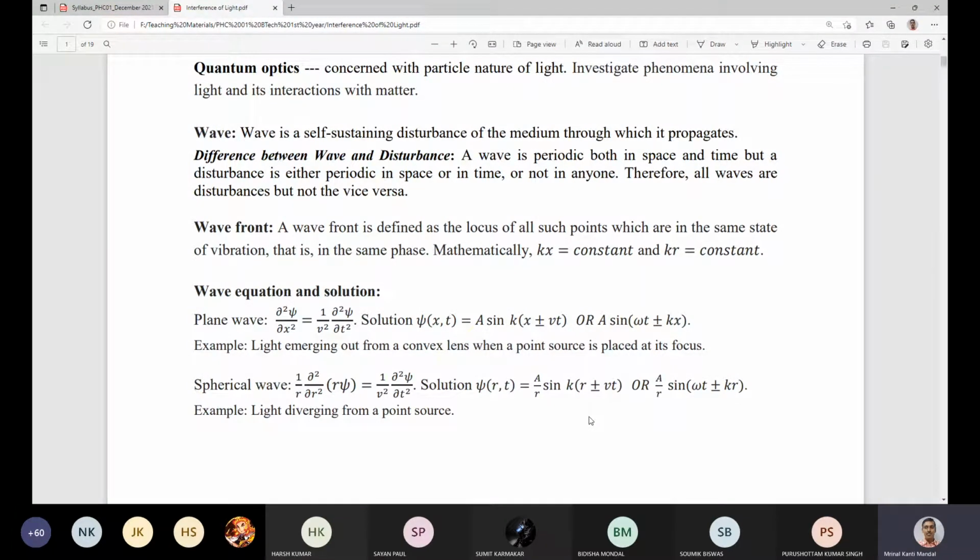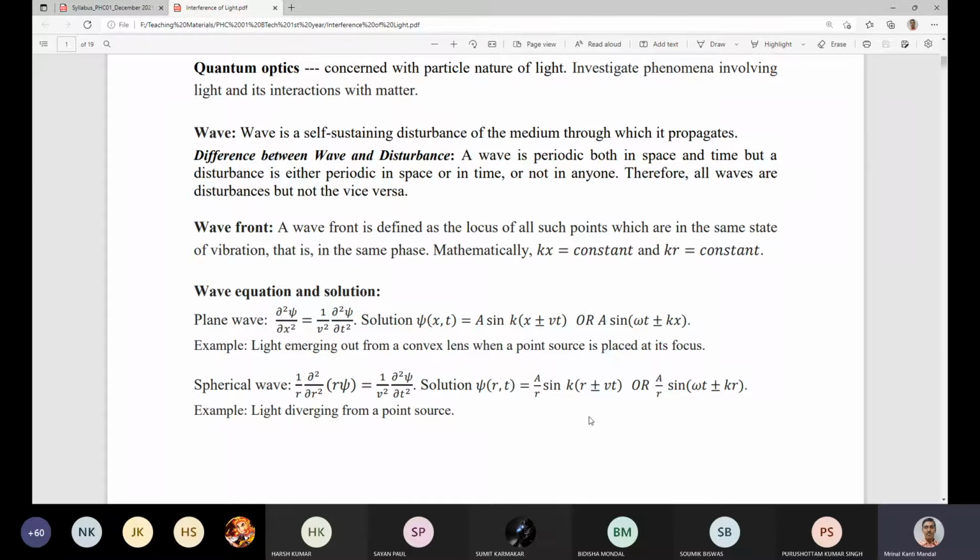It may be periodic either in time or in space, otherwise it is not, right? Or it may be periodic neither in time nor in space, right?